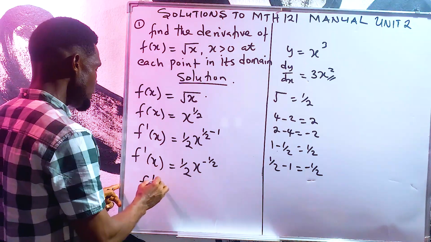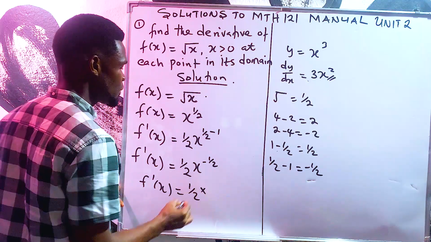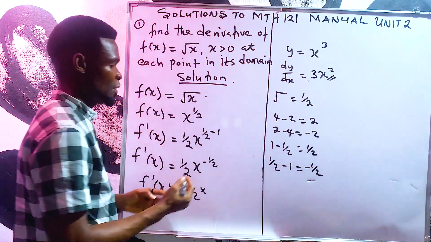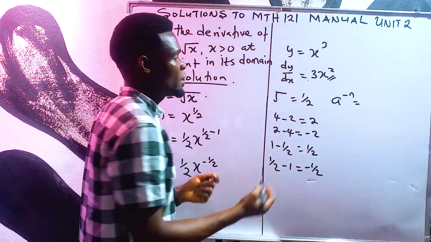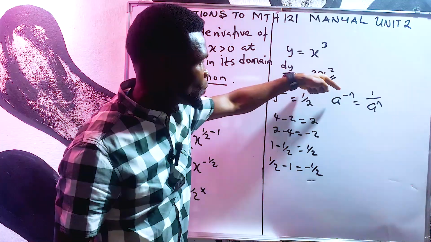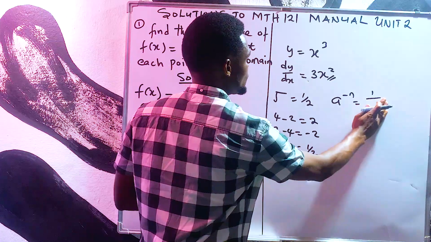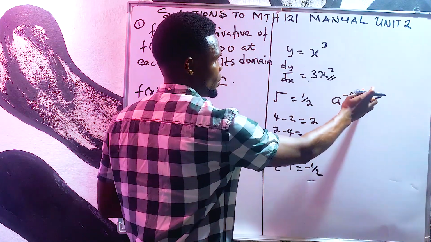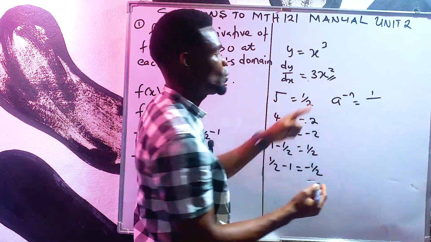This means that f prime of x is equal to 1 over 2 times, from the laws of indices, if I have a raised to the power minus n, we say that this is written as 1 over a raised to the power of n. How? This small minus here is 1 over. So when I take the small minus to mean 1 over, I'm left with a raised to the power of n. You bring it down.